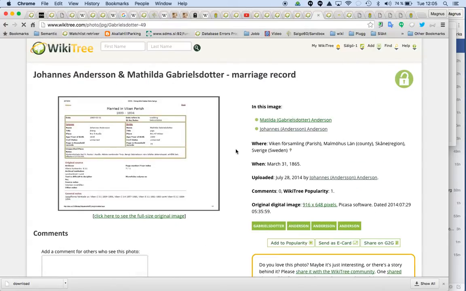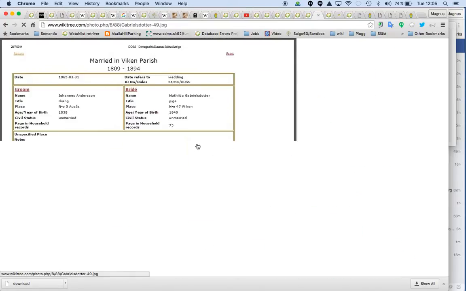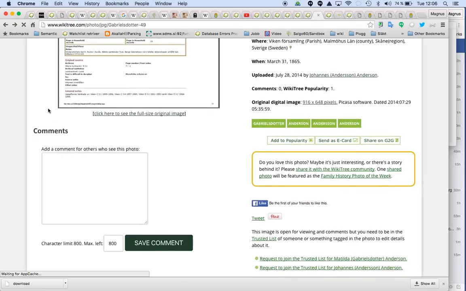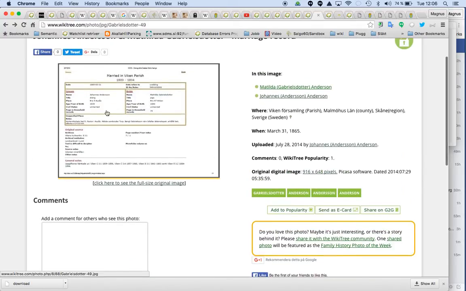Their marriage in Sweden. You have found the DDSs. That's an excellent register. Maybe that's the one we should use. Dräng is farmhand and she is farmhand. Cool.